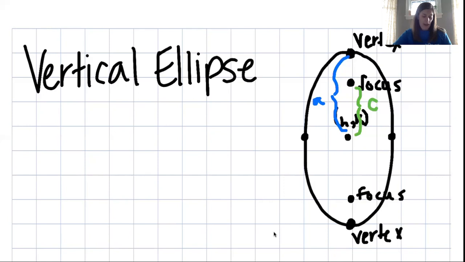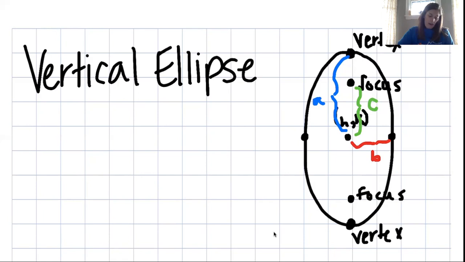Of course, we have that other distance that we travel. In the previous video, it was up and down, but now we're going left and right to our minor endpoints or minor vertex, and that is the value for B. So we're going to see and find all those same values again today.